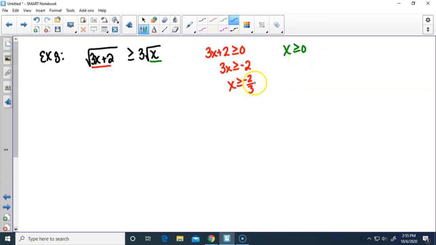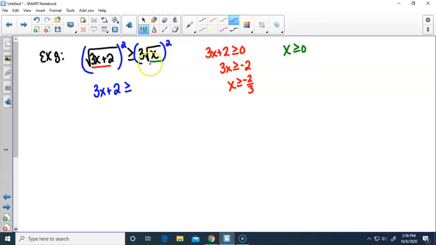So we're just going to keep those in the back of our mind for right now, and we're going to solve this inequality. Now when we solve this inequality, we need to square both sides, and it's a little bit more complicated than the ones we've done so far because we've got this 3 over here on the outside of the square root. On the left-hand side, the square root of 3x plus 2 squared is just going to be 3x plus 2.